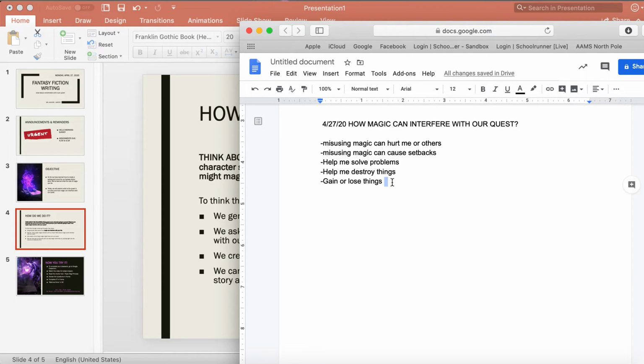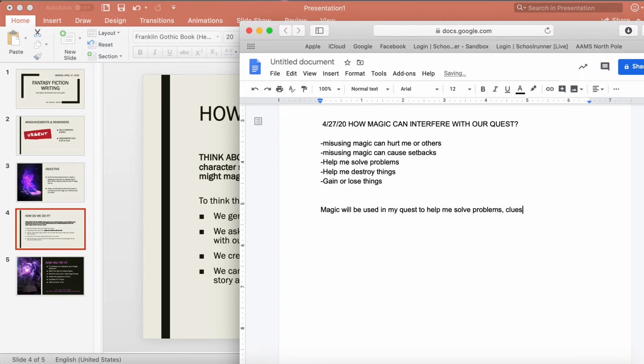So then the next thing I want to do now is think about how I will want to use magic in my story to interfere with my quest. So in my head, thinking about all the things that Dakota has to do, I'm thinking that magic will interfere in my quest to help me solve problems. So magic will be used in my quest to help me solve problems.